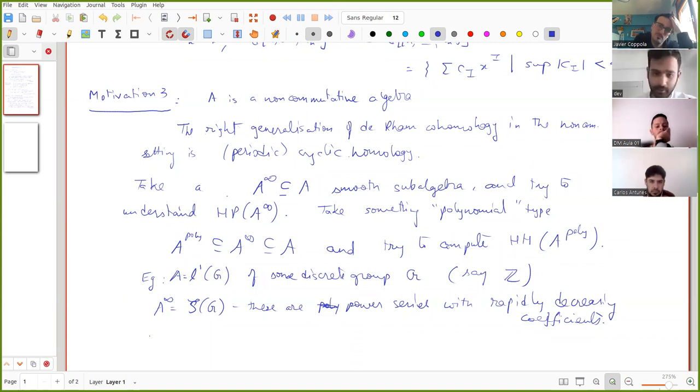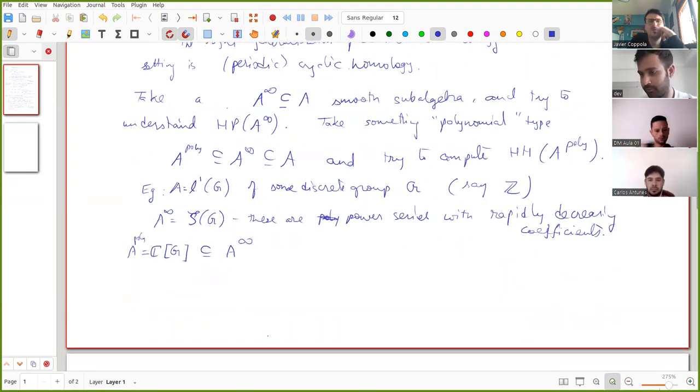You only understand it because you understand the group algebra, the honest group algebra, which is sitting inside A infinity. So this is a polynomial. And this is something where you can say a lot. This is just the group ring over the complex numbers. You can compute its Hochschild homology, you can compute its periodic cyclic homology. And it's related to the group cohomology of the group.